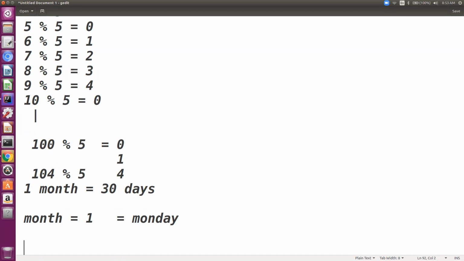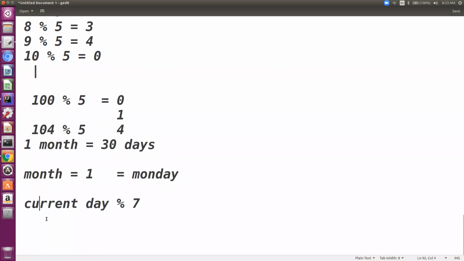Because I can always take the current day percentage 7. If 1 is Monday, 2 is Tuesday, then I can take, say, the 23rd. 23 percentage 7: 7 3s are 21, remainder 2.